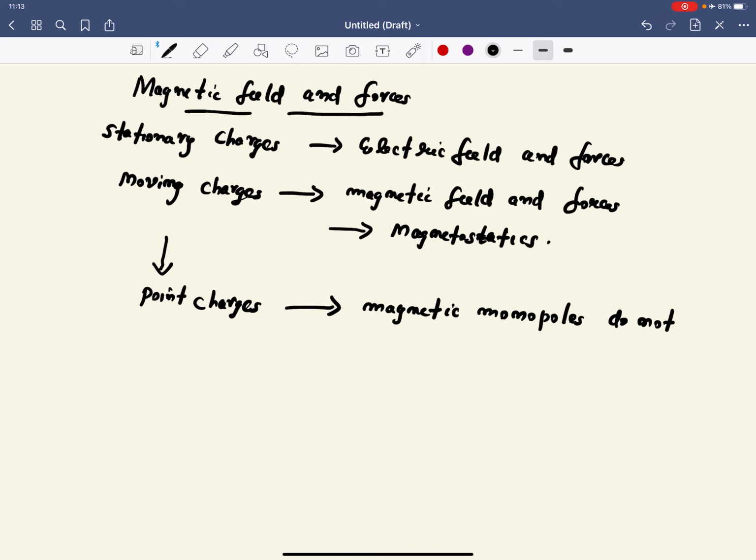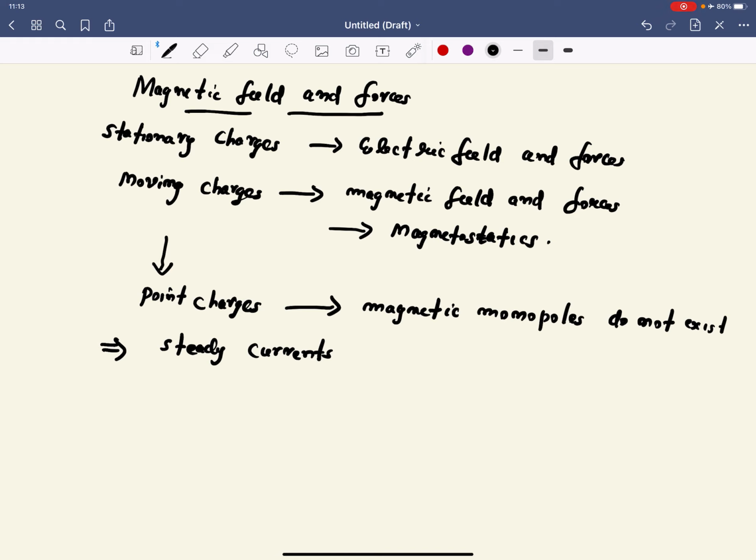Magnetic monopoles do not exist, and we can use steady currents which are flowing through a wire as a source of magnetic field, and this magnetic field will induce some force on some other moving charges.